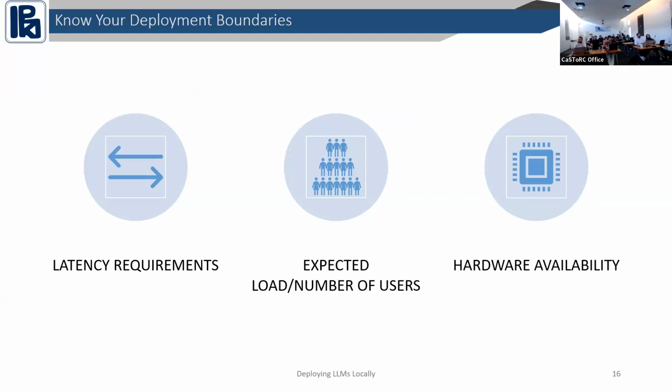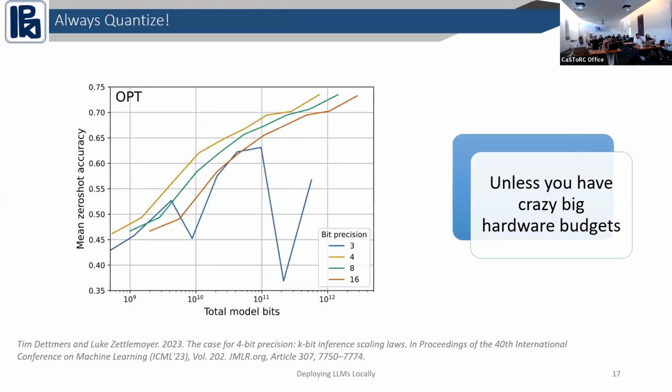How many users are expected to use the system, either asynchronously or at the same time. And what hardware you have available to you. Do you have any GPUs at all? Do you have powerful GPUs? Do you have one GPU, 4 GPUs, 100 GPUs?